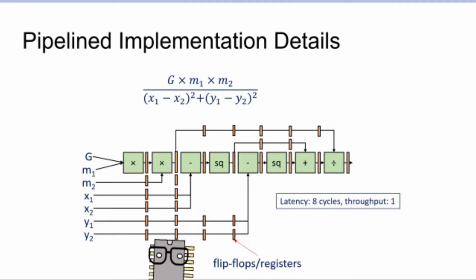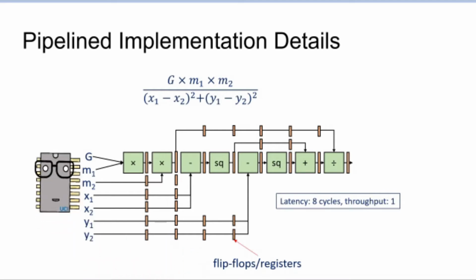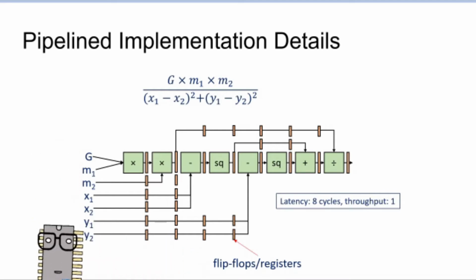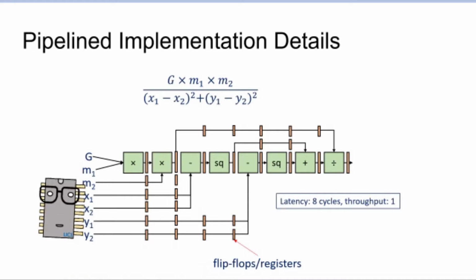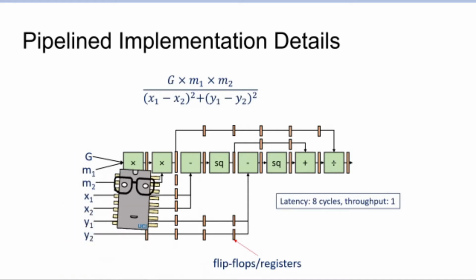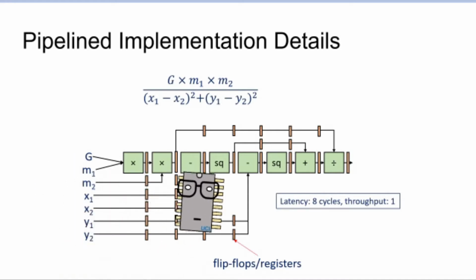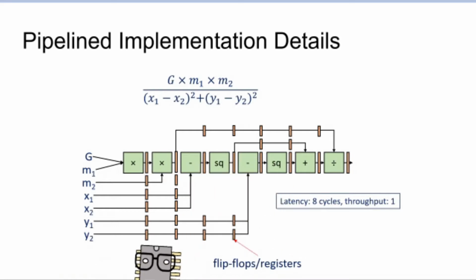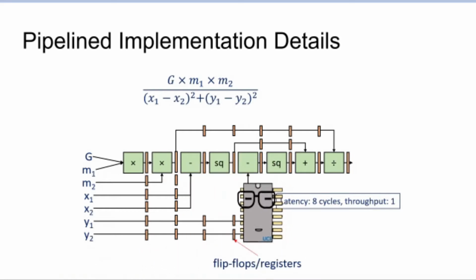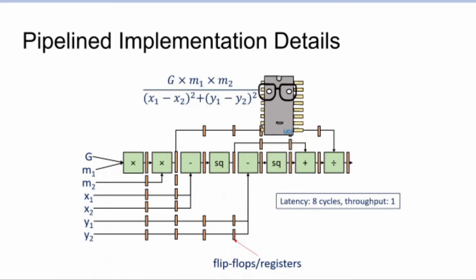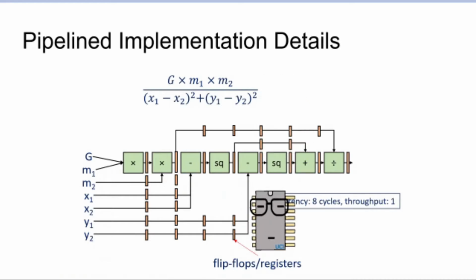But if you remember the pipeline balancing issues from undergrad computer architecture, they should be fairly straightforward. Because the set of inputs that come in on this side needs to always progress at the same pace in lockstep through the pipeline, we need a bunch of these pipeline registers in the middle to make sure that all of the computation between these numbers happen between the same set of numbers.